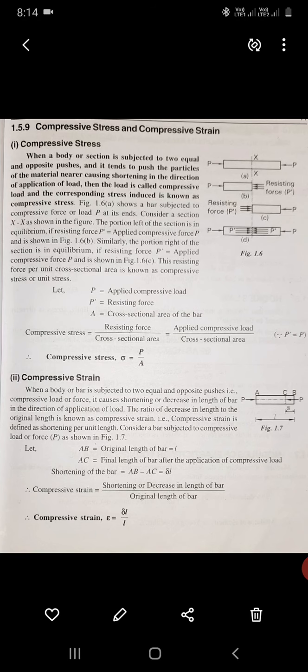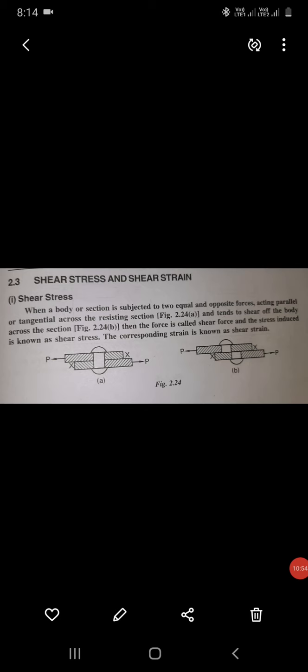Now next comes shear stress and shear strain. When a body is subject to two equal and opposite forces acting parallelly and tangentially across the section, as shown in figure A, it tends to shear off the body, as shown in figure B. This type of force is called shear force, and the stress induced is known as shear stress. The corresponding strain is known as shear strain.